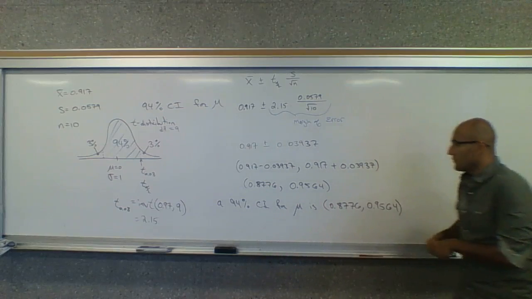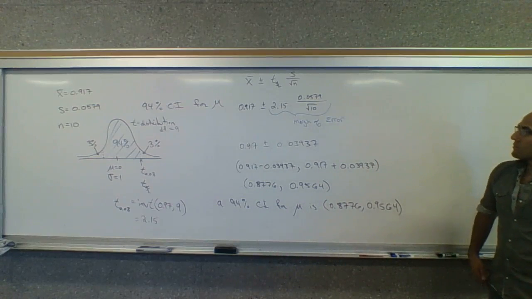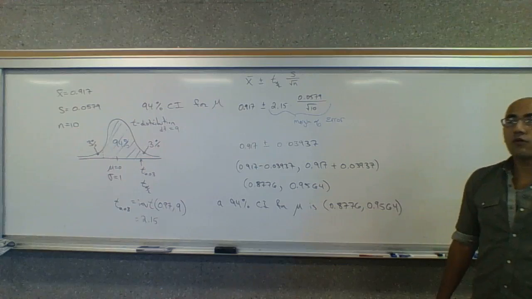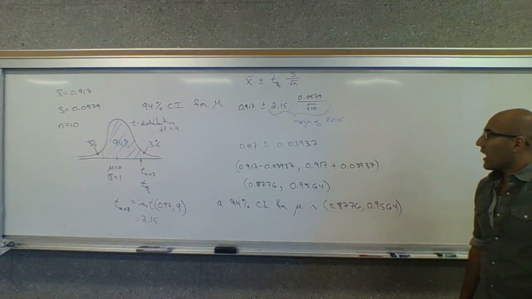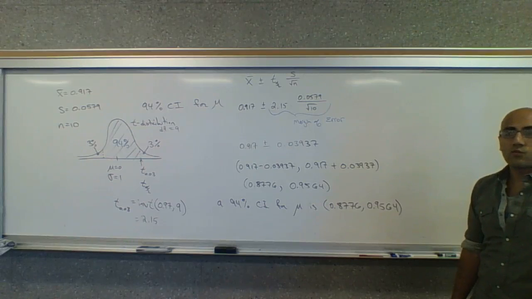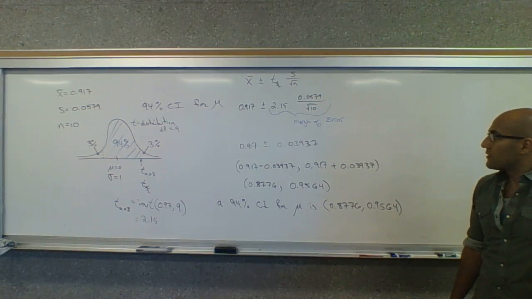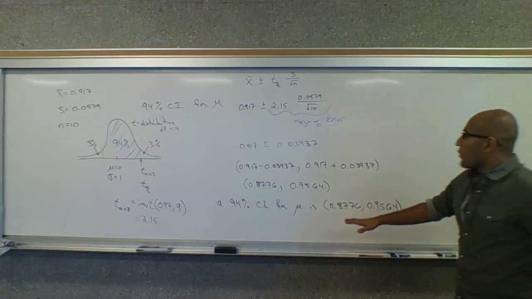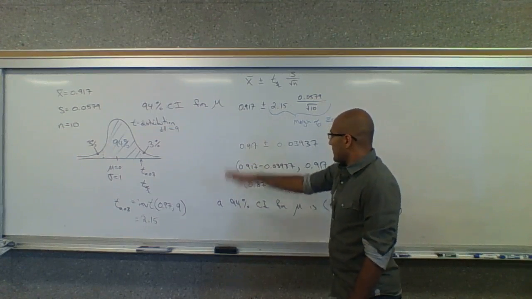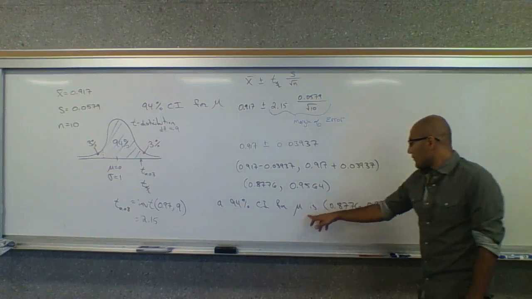Okay, so this is all the writing I would expect, but obviously there's a lot of concept stuff in the background as to why this works this way. That's the interpretation you want us to conclude. Well, this is just a sentence about that. A 95% confidence interval for mu is this, but it's the same idea as before.